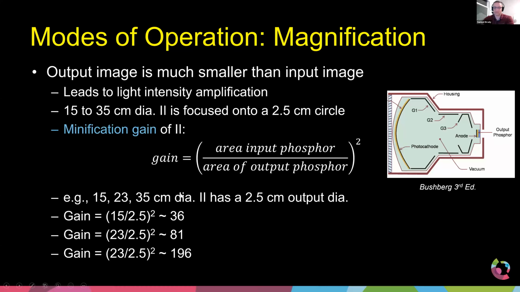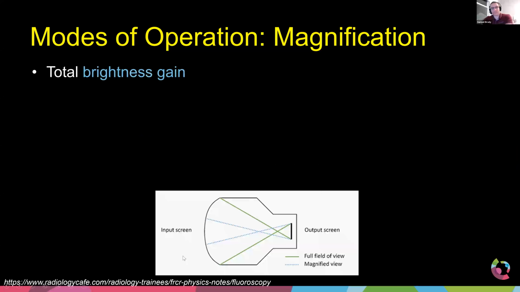So the larger the input field of view, of course, you get more photons, right? More light. All of that signal gets smashed down to 2.5 centimeters, but the gain is much, much greater.